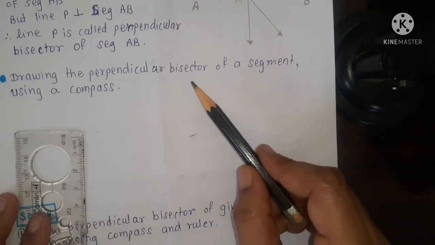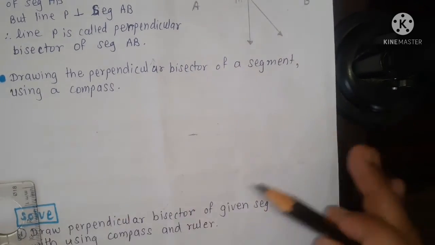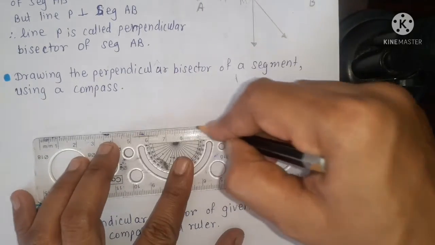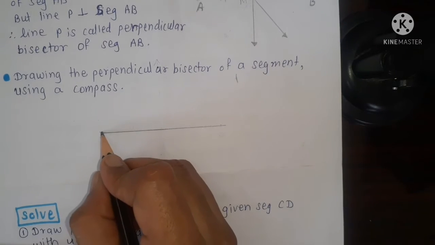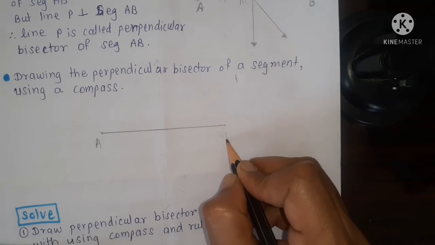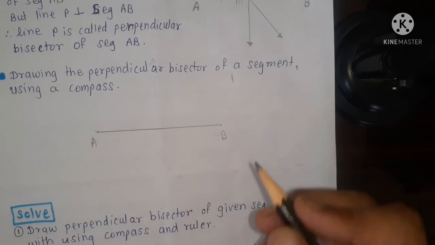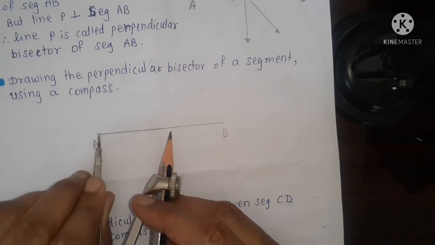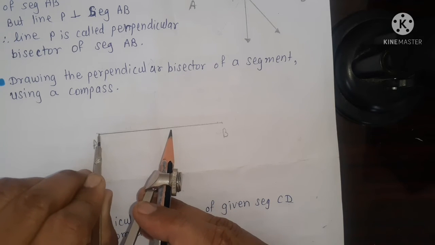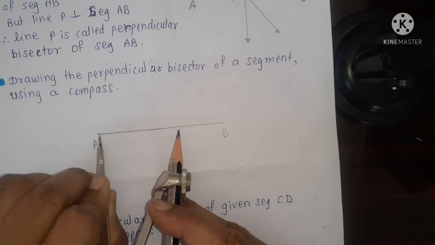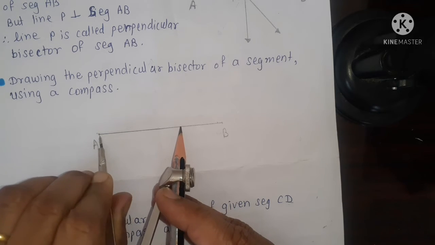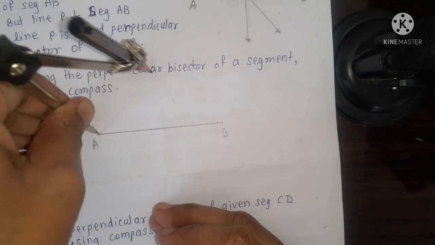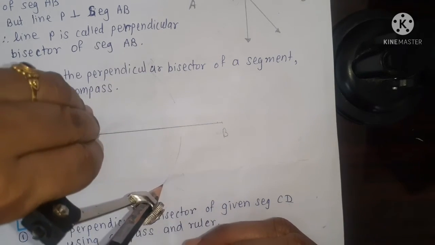Drawing the perpendicular bisector of a segment using a compass. First, we can draw a segment. Give the name AB to this segment. We can use a compass. Place the compass point at A and, taking a distance more than half the length of segment AB, draw two arcs, one above the segment and another below the segment.